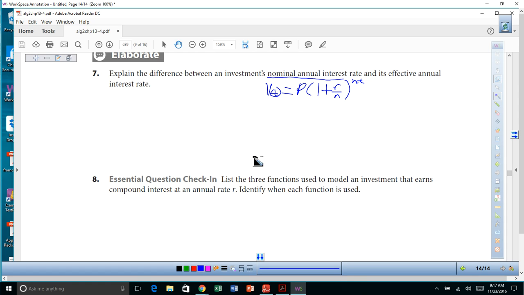And then the effective annual interest rate uses p times 1 plus r to the t power. So basically, if you turn them into this right here, then you can compare which one will actually earn you more interest, more money each year. So that's kind of what you need to do.